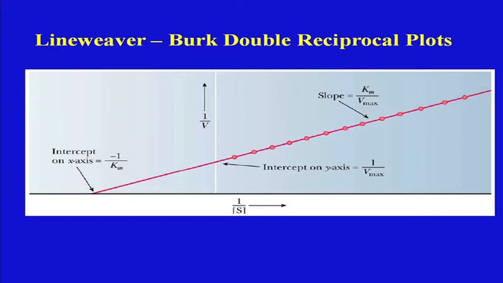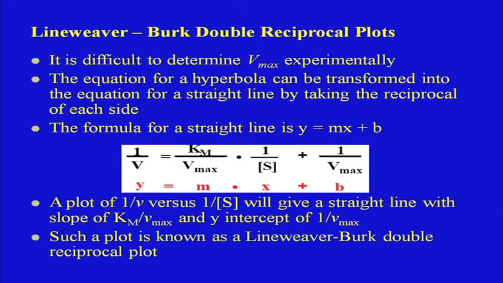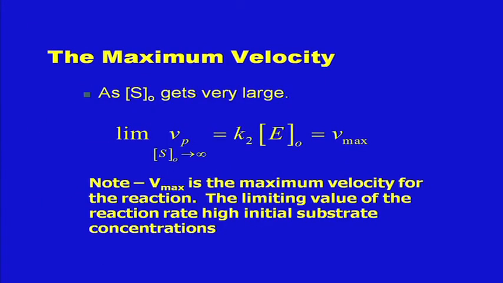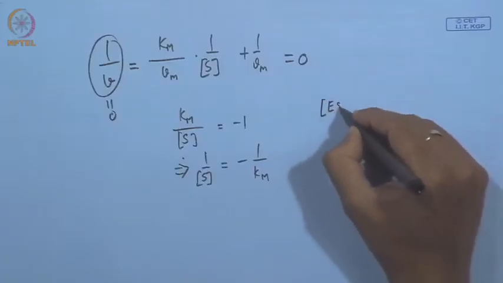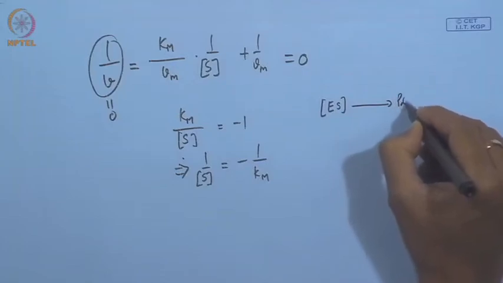Okay. And you have to remember that Vmax is nothing but the maximum velocity, that is this one. When substrate concentration is very high, then your expression is simplified and the corresponding velocity is your Vmax. Because, you see, the step in which the product is formed is ES to product.